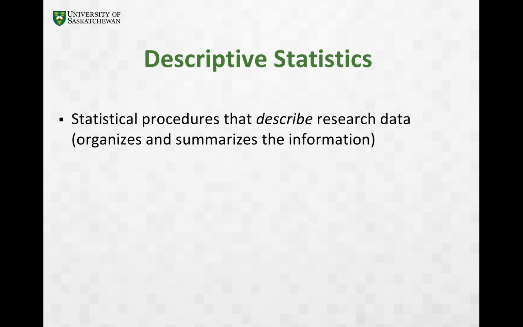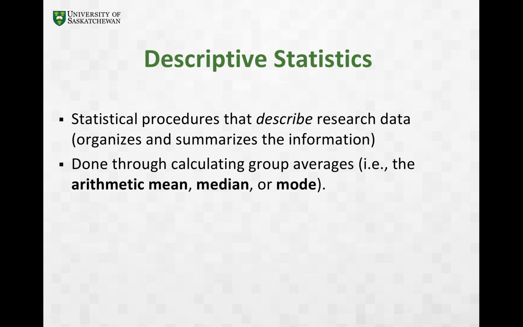So when we talk about statistics, we are talking very broadly right now, but we'll talk about two different types. The first type is descriptive statistics. Like its name infers, descriptive statistics are procedures that help us describe the research data. So we organize and summarize the information in some meaningful way.